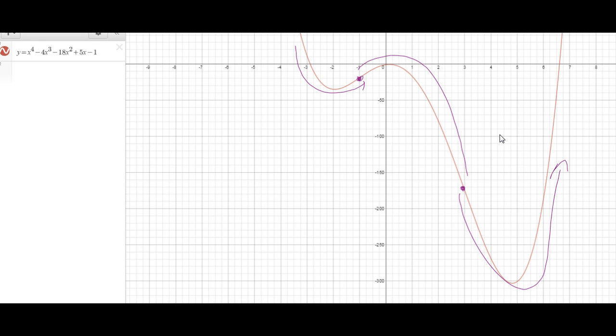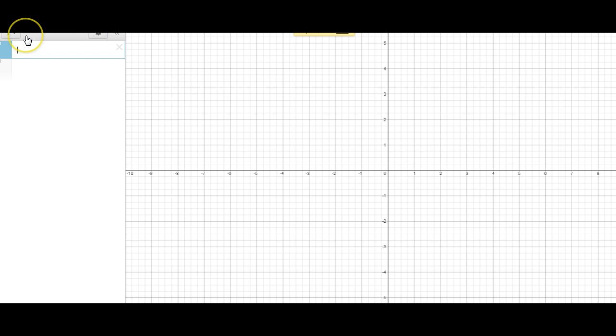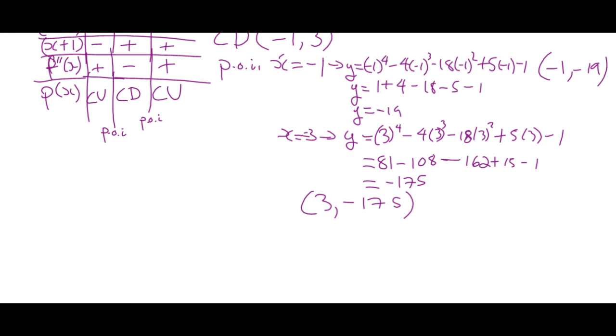So you've got the point of inflection, it's changing direction there, and it's changing direction there as well. All right, cool. Let's clear this off in case we need to come back here. Delete all. We'll just go back in case we want to graph anything else.